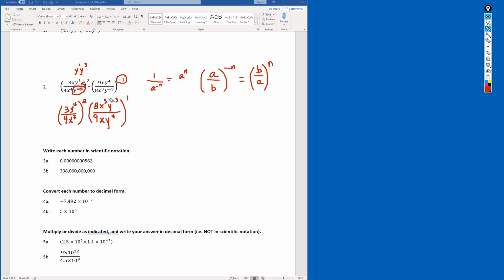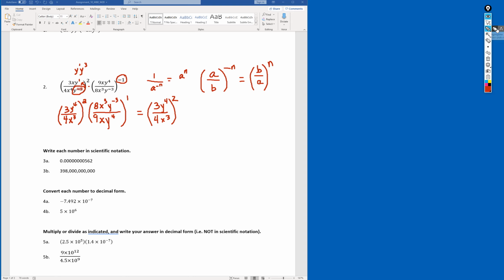Okay, now next step, let's simplify inside here, because again, we can combine the x's and we can combine the y's. So I'm just going to recopy this. So we're going to have 3y to the 4th over 4x cubed, quantity squared.